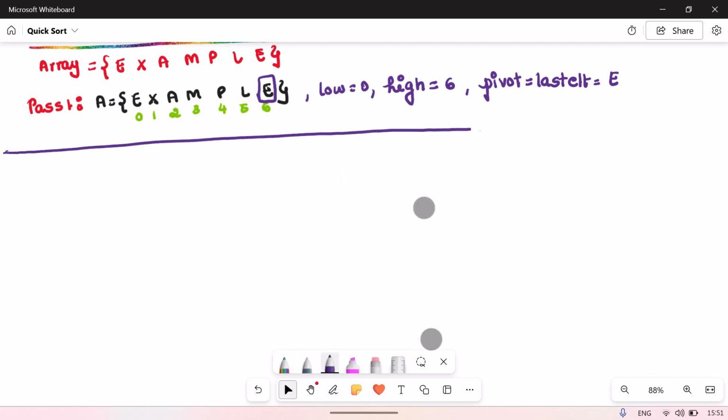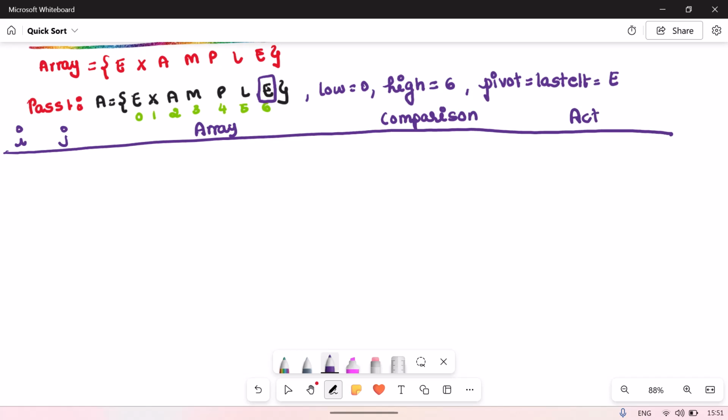I'll make a table so that it becomes easy. So we have i, then j, then the array, then the comparison, and the action taken. If you learn this way, it is a bit lengthy, but you will easily get the answer.